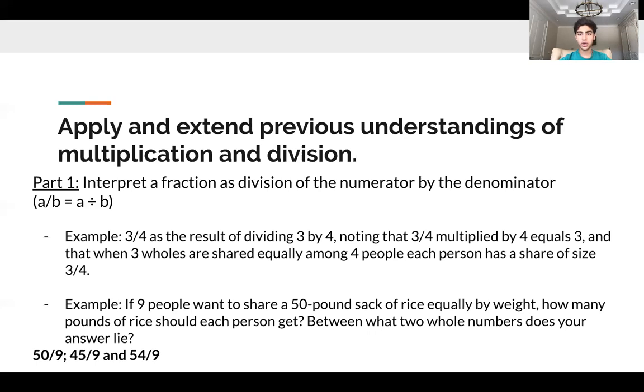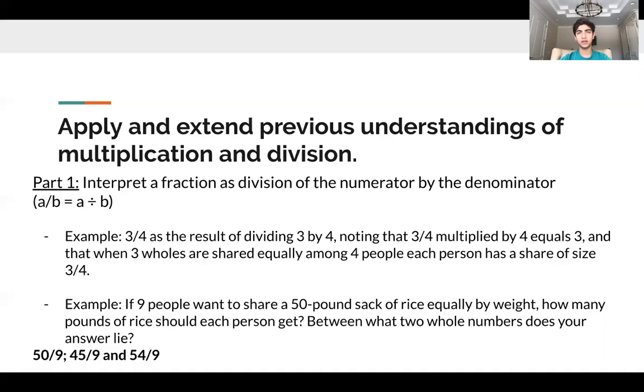Now, 50 over 9, if we think about that, let's go ahead and make that a mixed fraction. Okay, 50 over 9. Well, 9 goes into 50 5 times with 5 left over. So you can write it as a mixed fraction as 5 and 5/9. Okay, simple enough. Now it's asking us between what two whole numbers does this lie?